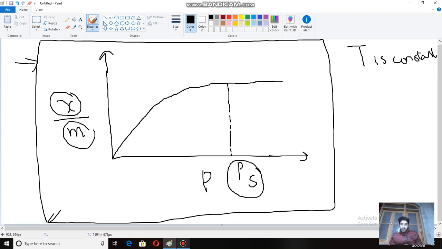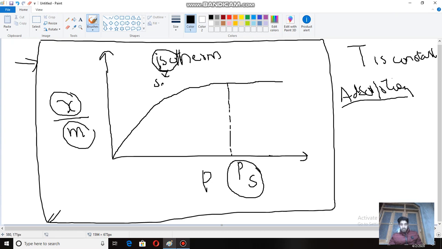See, I was discussing adsorption isotherm. Adsorption is the process about which we have been talking for the last 2-3 videos. Now it is isotherm. What is the literal meaning of iso?